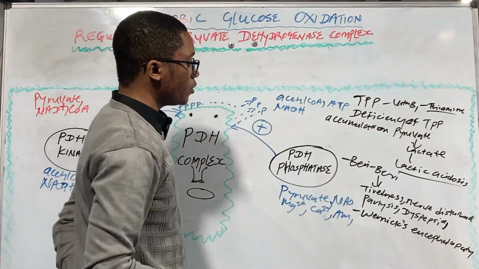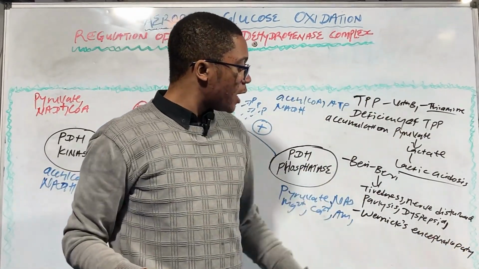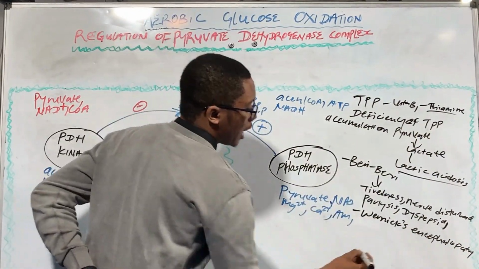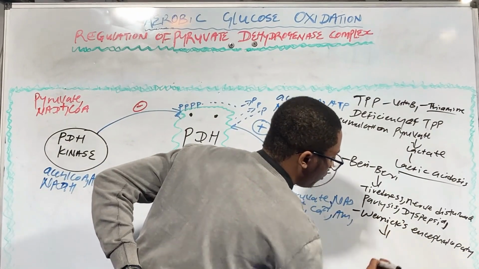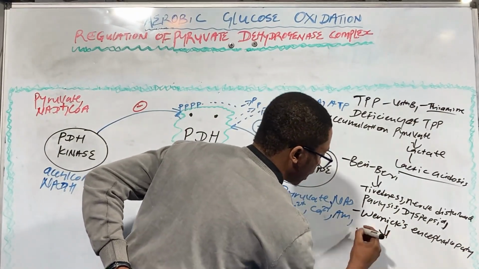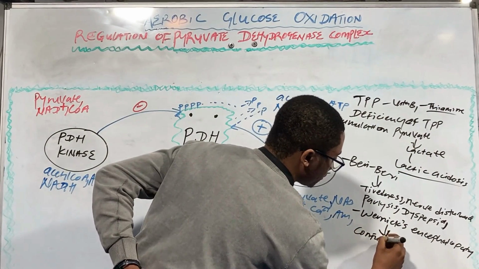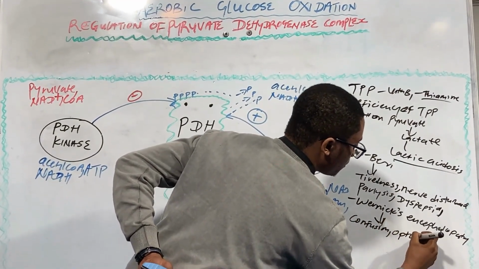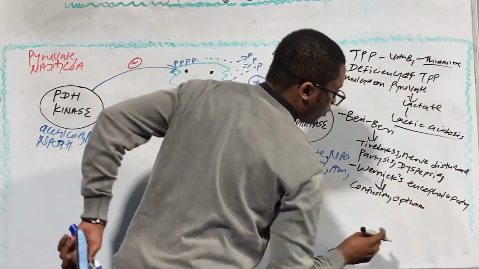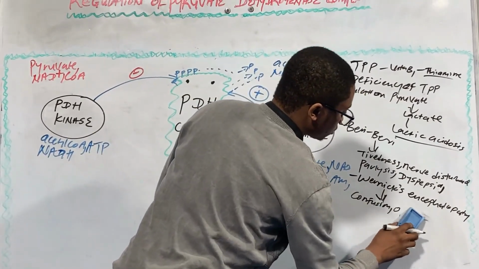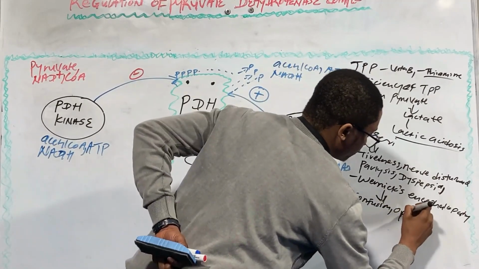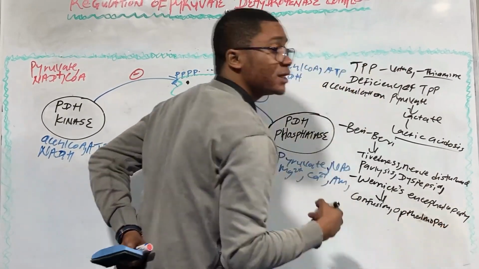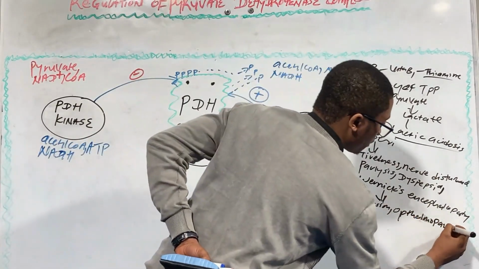This is when there's a deficiency of thiamine, and Wernicke's encephalopathy is characterized by a clinical triad: confusion, ophthalmoparesis, which is the paralysis of the extraocular muscles.